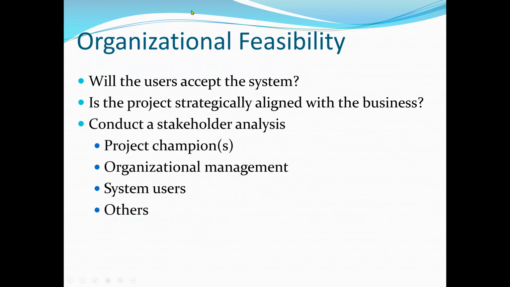So the next and last one is the organizational feasibility. In terms of organizational feasibility, as we said earlier, will the organization use the system? And we need to consider that. So the final type of feasibility analysis is to assess the organizational feasibility of the system: how well the system ultimately will be accepted by its users or the organization, and whether they are going to incorporate it into the ongoing operations of the organization.